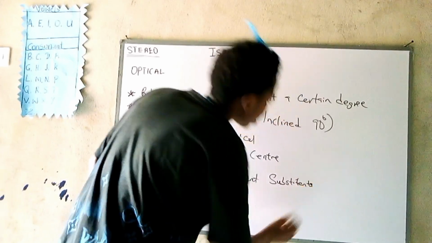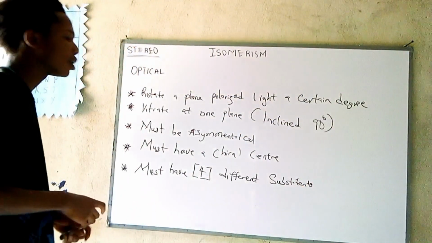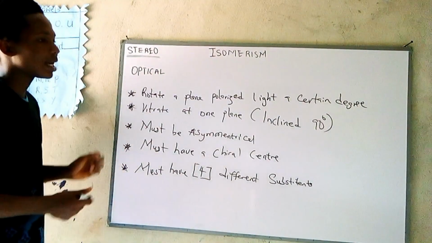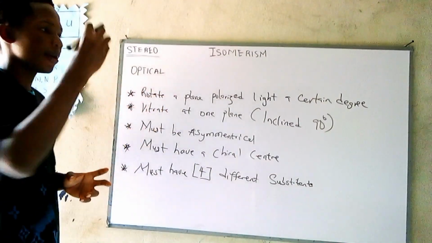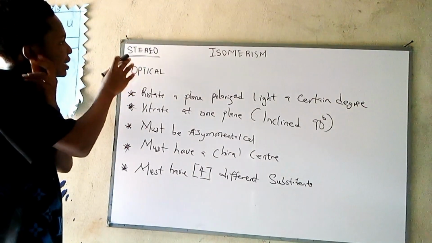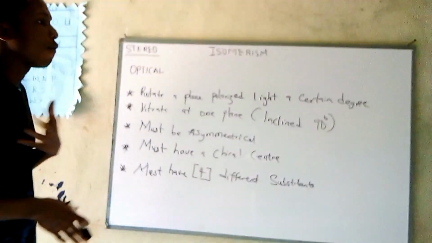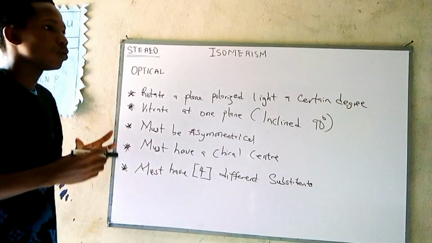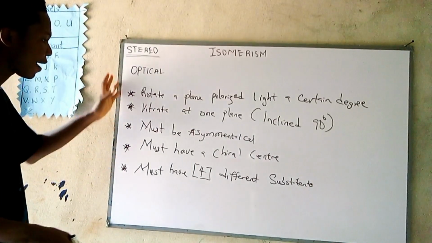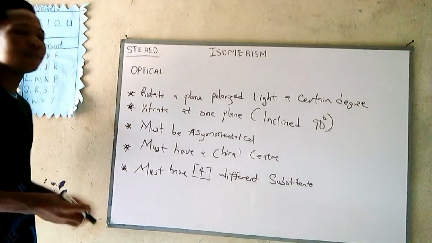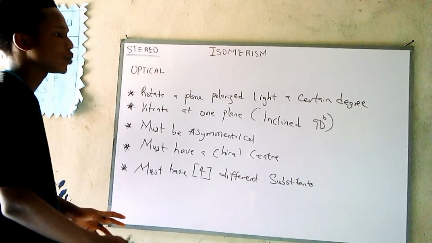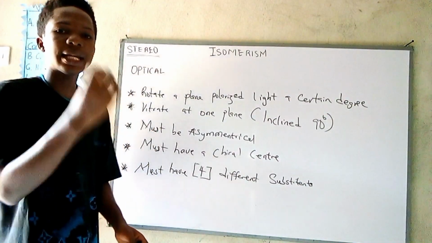These 5 characteristics are of an organic compound which can exhibit optical isomerism. For any organic compound to be optically active, it must have these 5 characteristics. If it has them, it means it's optically active.